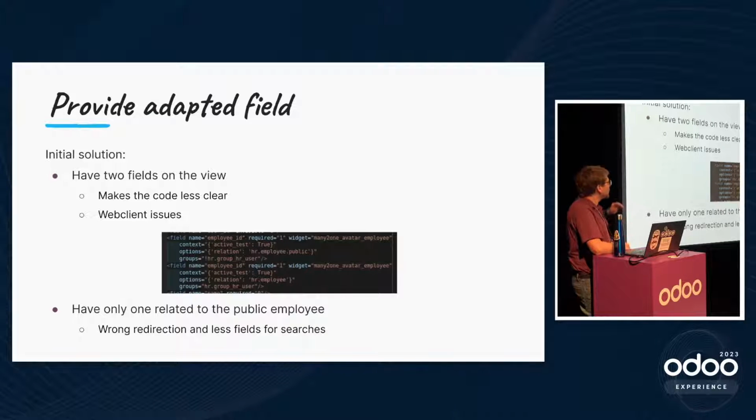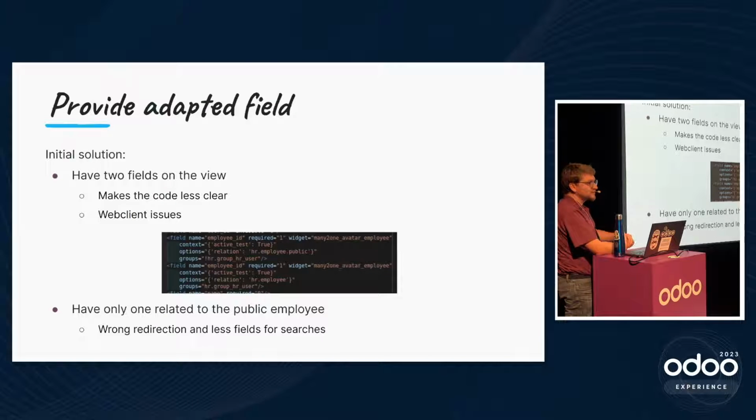So at first, we had two different fields on the view: one that was only visible for people with rights, and one visible for those who don't have those rights. And accordingly, we then set the relation to the correct model.